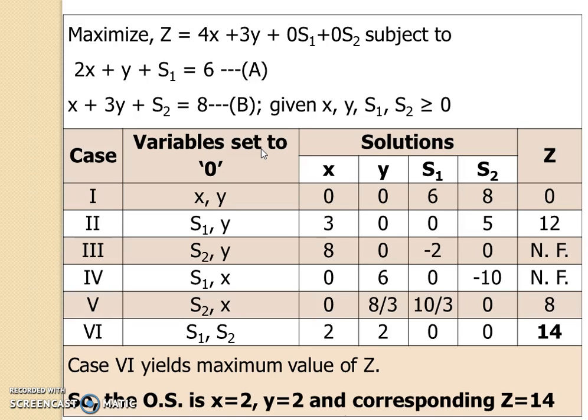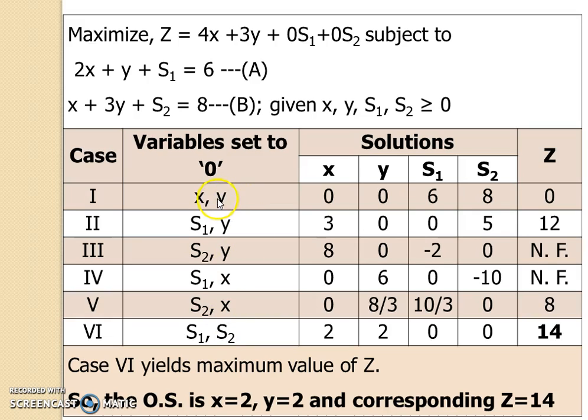We can have as many as 6 cases for this particular problem. We can set x and y to 0, or s1 and y to 0, or s2 and y to 0, or s1 and x to 0, or s2 and x to 0, or s1 and s2 to 0.